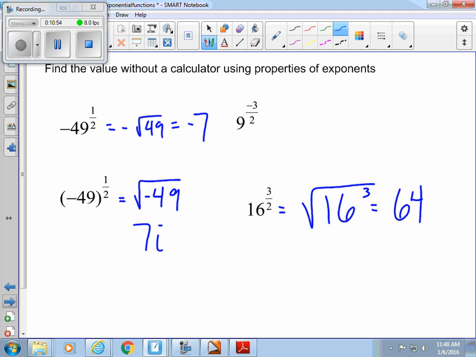The top number is the exponent, the bottom number is the root. It would be the cube root of 16 squared, which would be something I can't simplify as easily, because 16 doesn't have a perfect cube root.